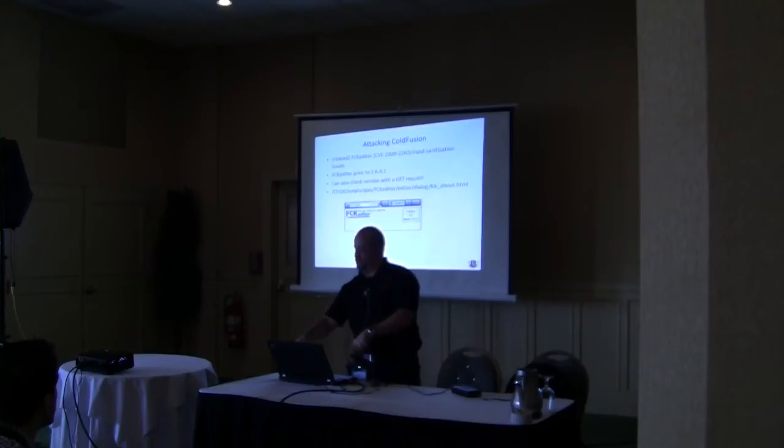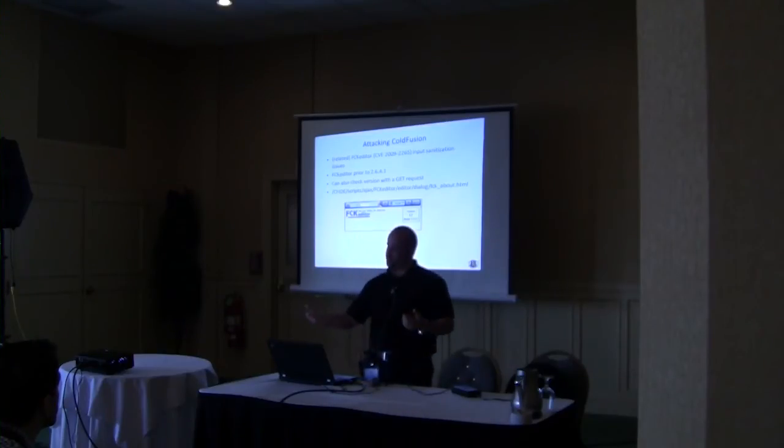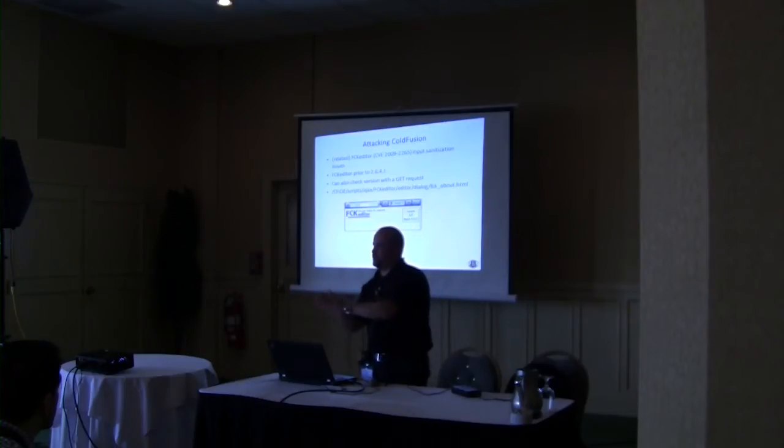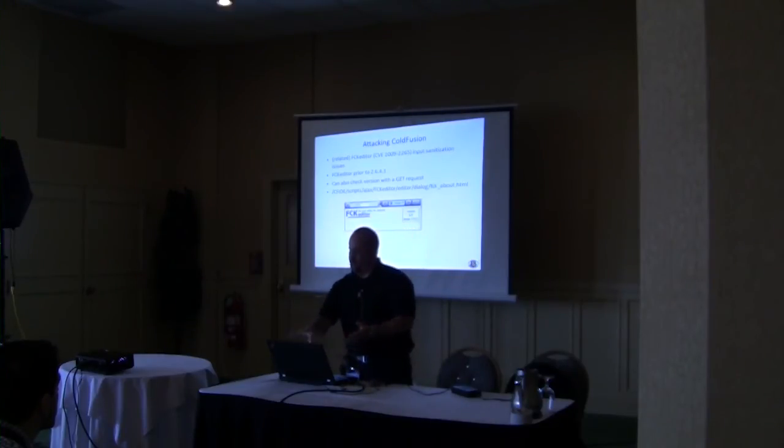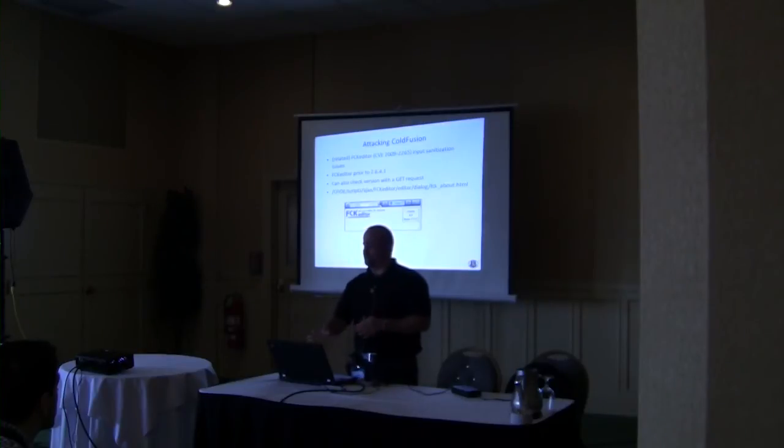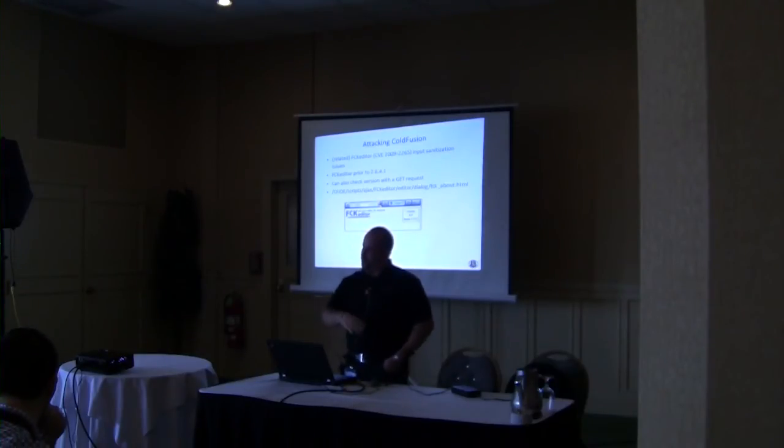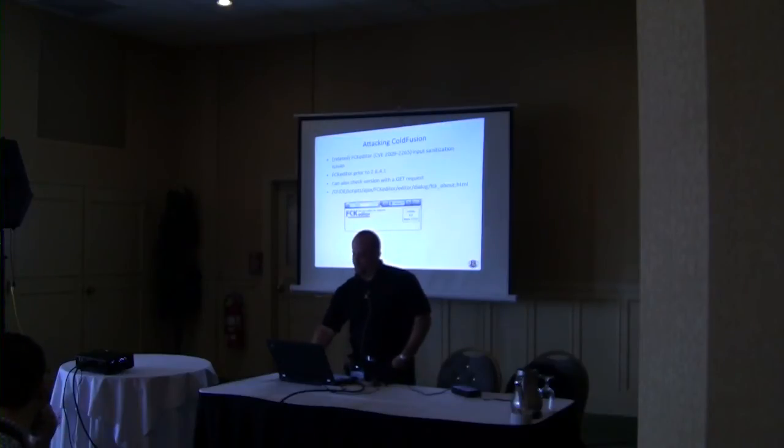Now I want to see if this is enabled. If it's 2.7 or 3 something, then I know that I probably don't even need to bother with at least the MIME type issue. I still want to check the connector to see if the connector is enabled and I can upload things. But it helps you just kind of figure out, because FCK Editor's had actually quite a lot of bugs in it over the years. So if you got a really old version, you may want to look into that as well.